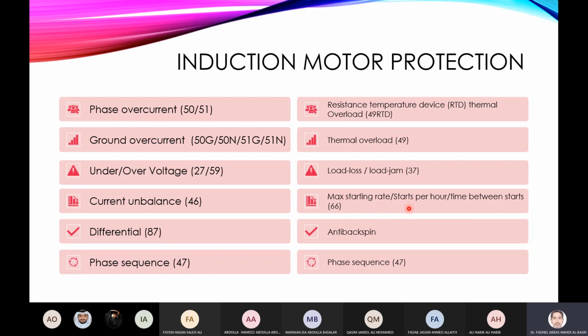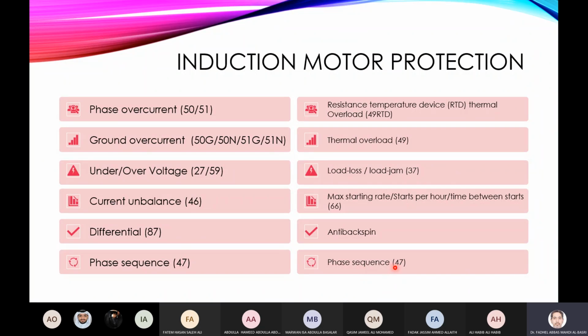Some motors you cannot start right after stopping; you have to wait before you start them again. You have to check the manufacturer for how many starts you can have in an hour and the minimum time between starts, so the protection also has to implement this.